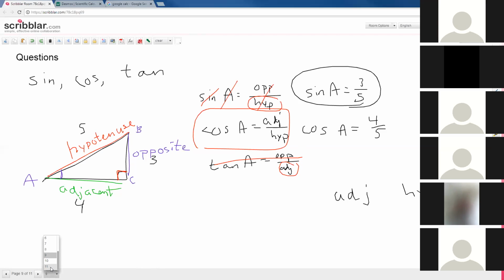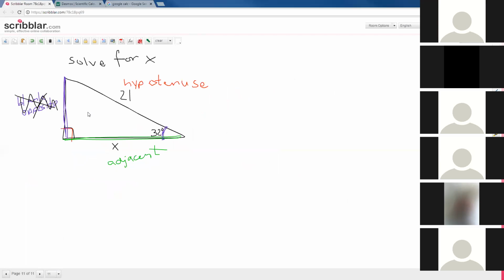So back to our actual problem, now that we know which formula to use, cosine of the angle is adjacent over hypotenuse. We have to fill in the angle, the adjacent, and the hypotenuse with actual values. They give us these values on the picture.